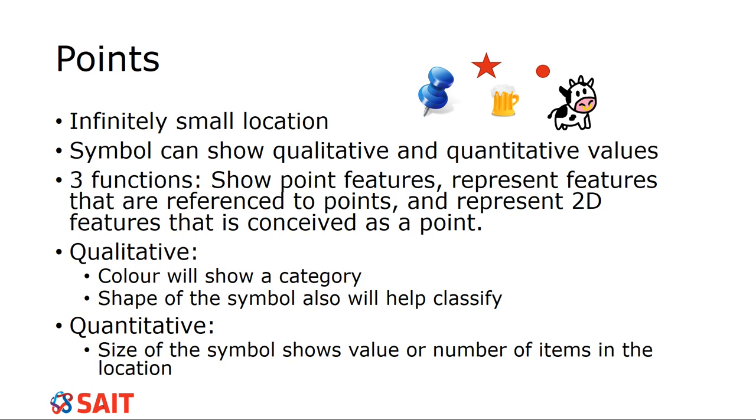There's spatial location, and then there's non-spatial attributes. So I am located here, and I have brown hair and blue eyes. But my brown hair and blue eyes have nothing to do with where I'm located.